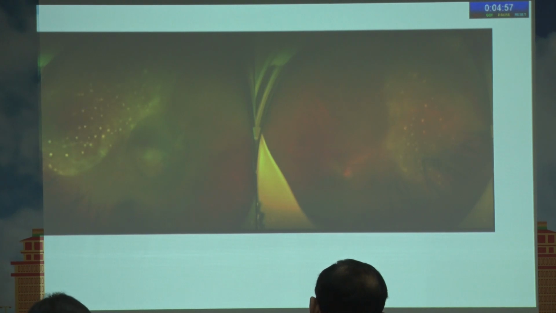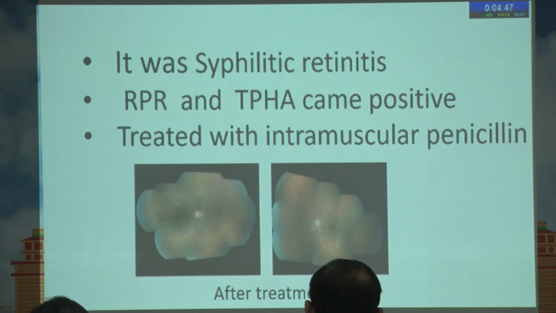I could find that there is an exudative retinal detachment and subretinal precipitates, which is suggestive of syphilitic retinitis. RPR and TPHA came positive, supporting my diagnosis, and he was treated with intramuscular penicillin, and after treatment, complete resolution of the inflammation.